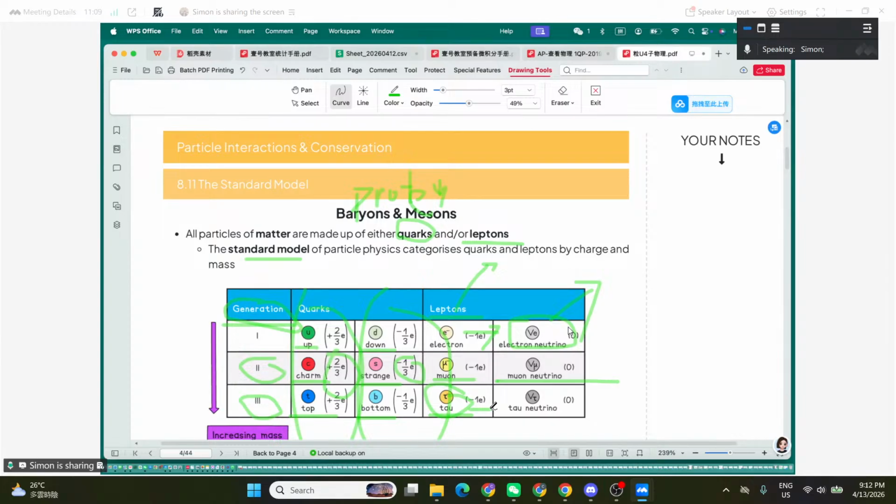If the reaction produces one tau, it will also produce the corresponding tau neutrino.